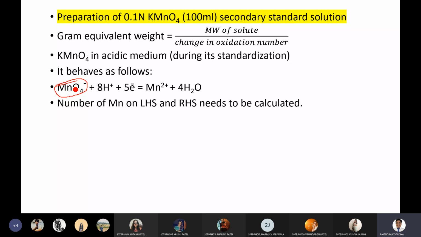And we know that the charge of the oxygens is -8. We have to find the charge of manganese. The overall charge is -1, the charge of the oxygens is -8. What can be the charge of Mn?